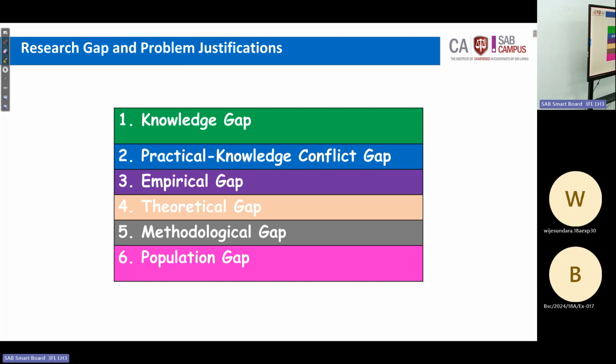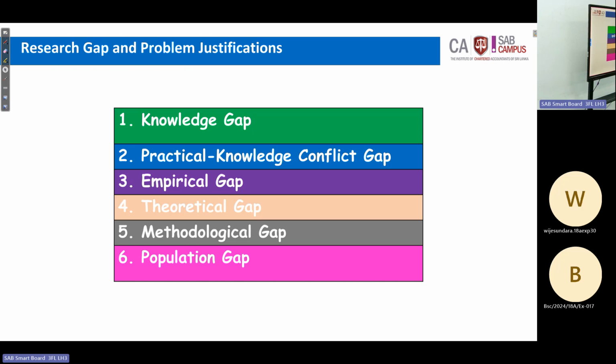Economics, business, finance. There may be some extreme cases also. But the real thing is, the knowledge sometimes is contradictory with the practical application. Practitioners say that, okay, we can't apply this one, but the lecturers are saying that, okay, this is a must. Academics, some of the professors, say that this is a must.